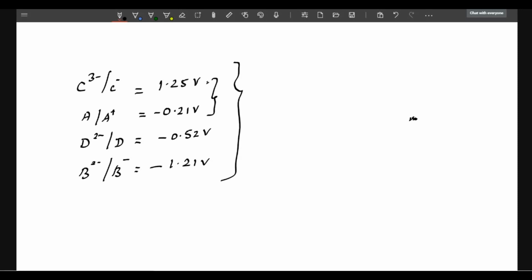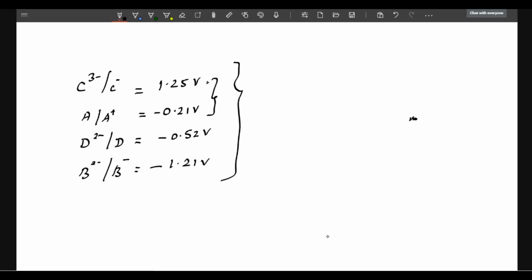Therefore, among C and A electrode, which would act as the anode, and which as the cathode? C acts as the anode, and A acts as the cathode. Okay, do you follow this?